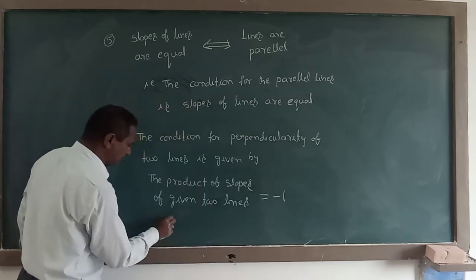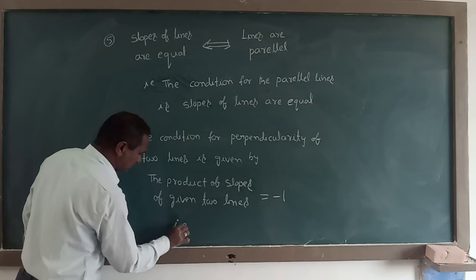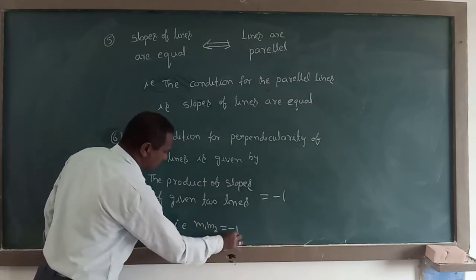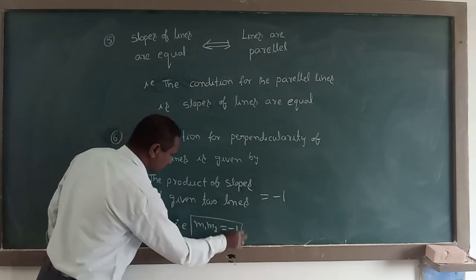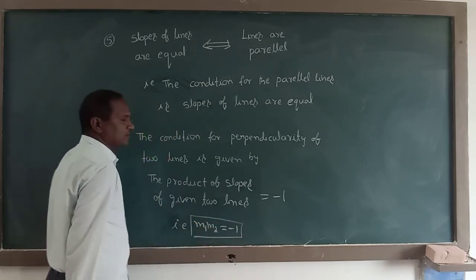That is, we can take m1 into m2 is equal to -1.